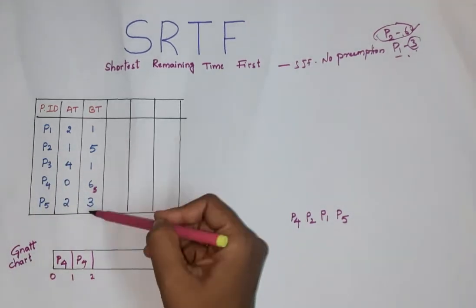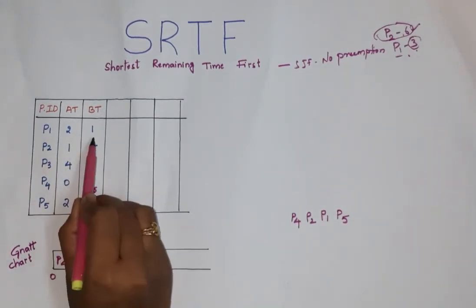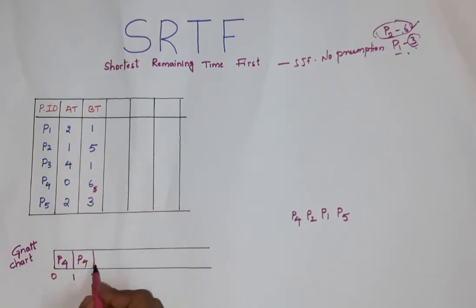Now you have to check the burst time. Which process has the shortest burst time? P1. As P1 has the shortest burst time, we will execute P1 for only 1 unit of time, that is 2 to 3.